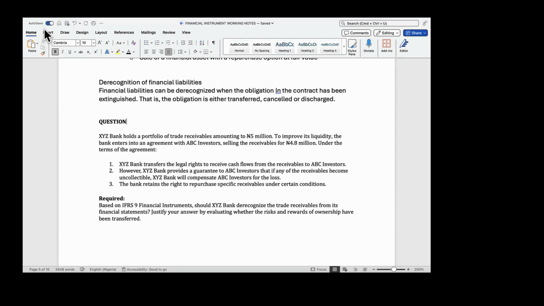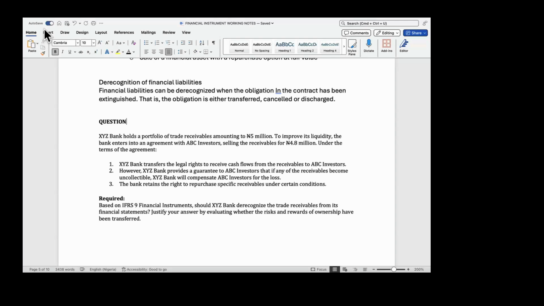Number two, however, XYZ Bank provides a guarantee to ABC investor that if any of the receivable becomes uncollectible, XYZ Bank will compensate ABC investor for the loss. Number three, the bank retained the right to repurchase specific receivable under certain conditions.